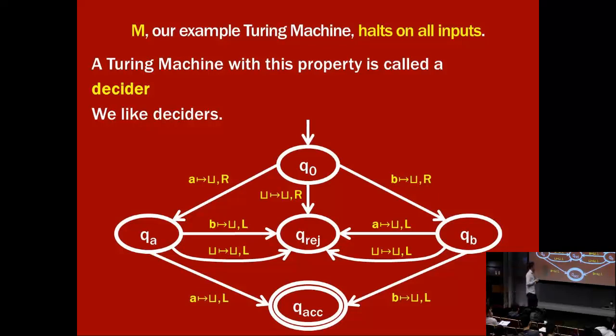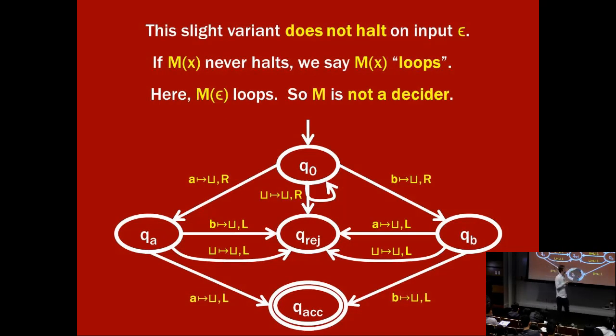So let's see an example of not a decider. Say we take this Turing machine and make a very simple change. Let's take out this arrow and change it to be a self loop. So now let's see what happens. Let's say the input is the empty string. That's a valid input. So all the tape cells are going to be blank, including tape cell 0.